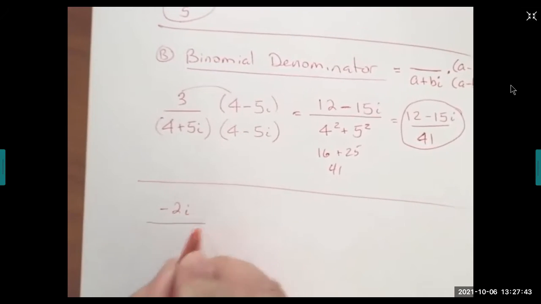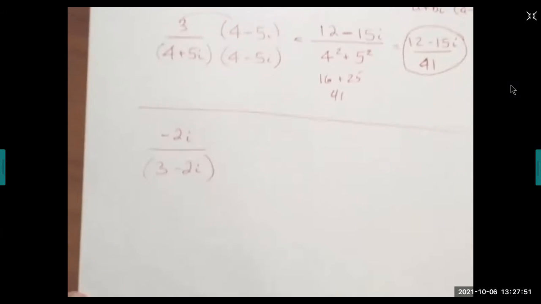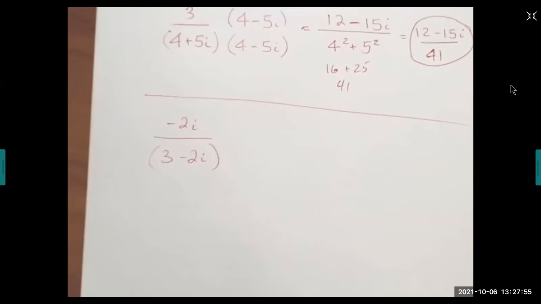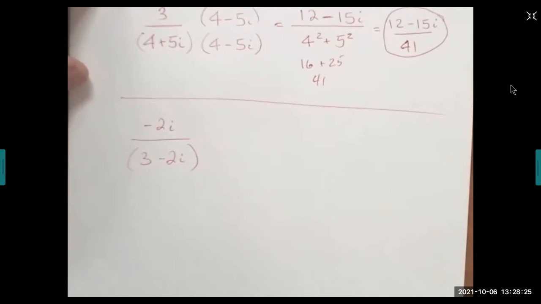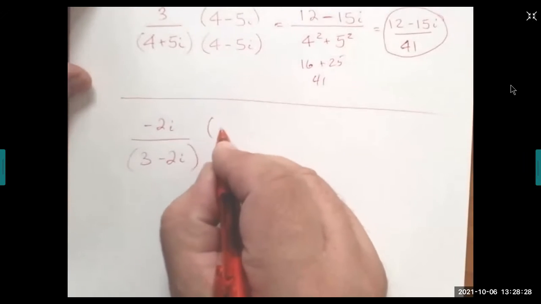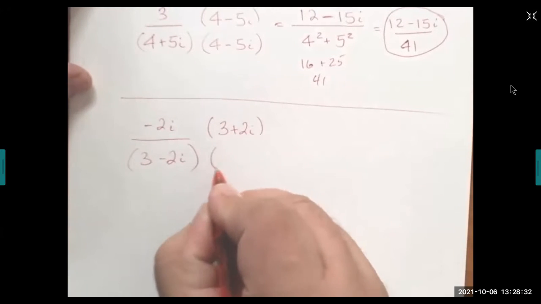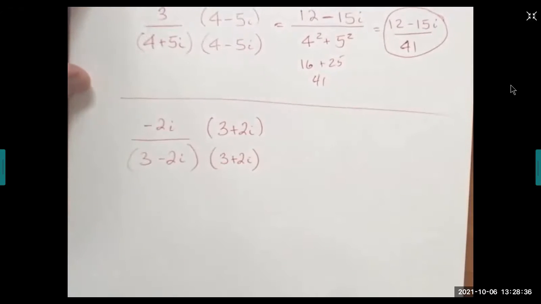Let's do negative 2i over 3 minus 2i. Multiply by the conjugate, top and bottom.